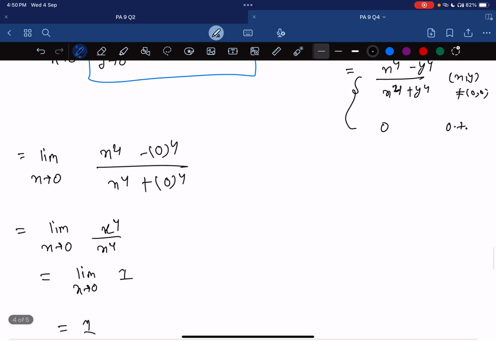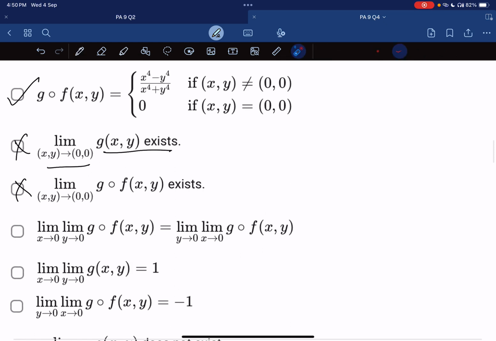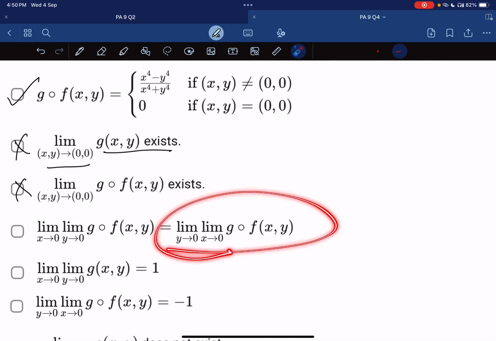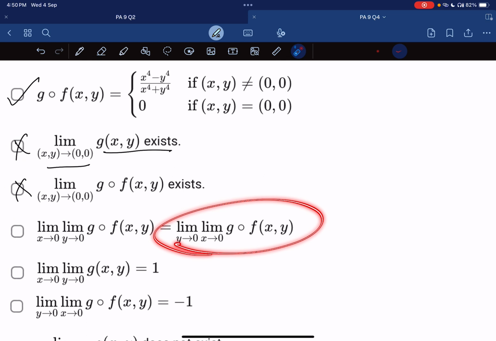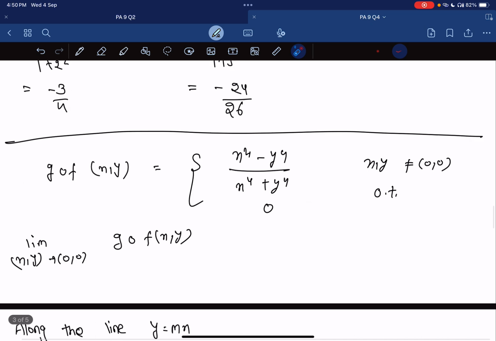So this is the LHS side part. Now we have to check whether this part is equal to this part, that is the limit that we will get after solving this should also be equal to 1. So let's try this.